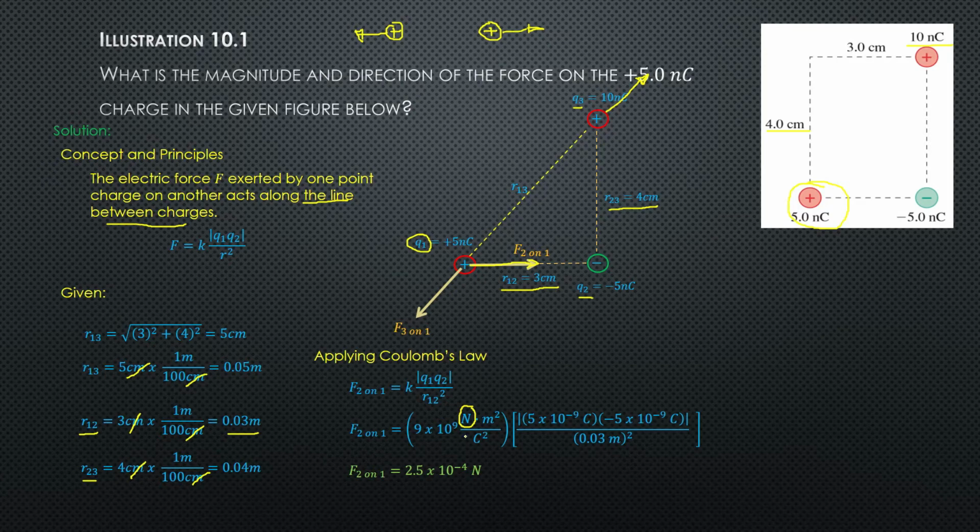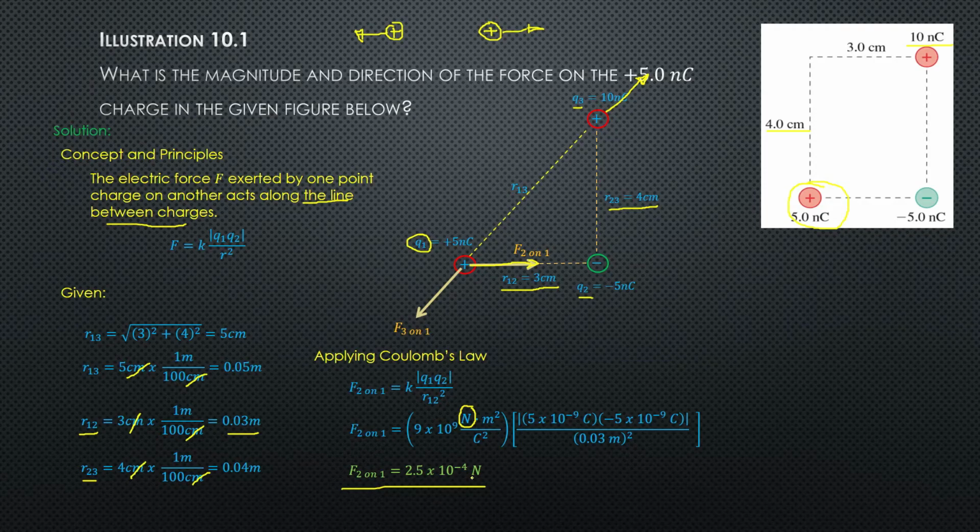Simplifying using your calculator, we have an answer of 2.5 times 10 to the negative 4 newtons. So the force on charge 1 by charge 2 is 2.5 times 10 to the negative 4 newtons.